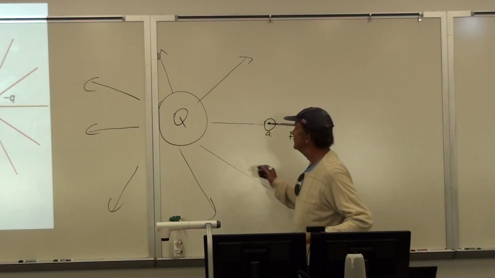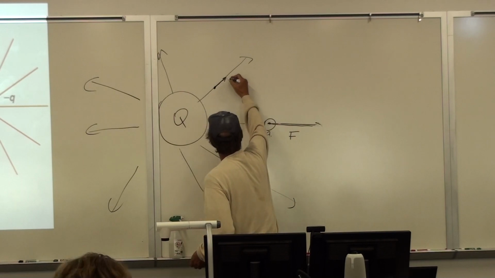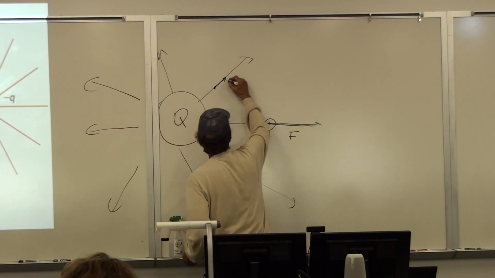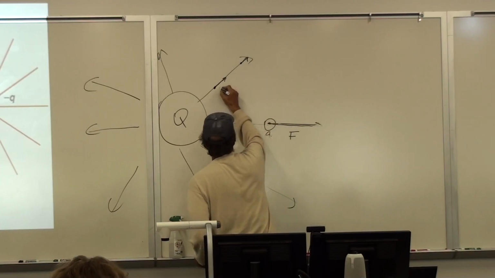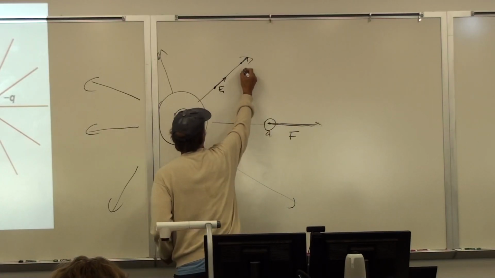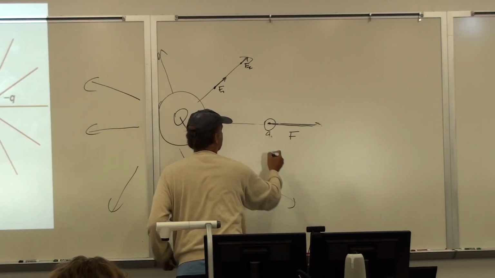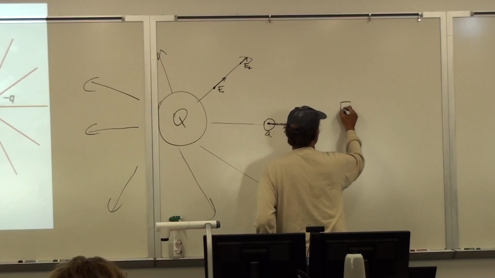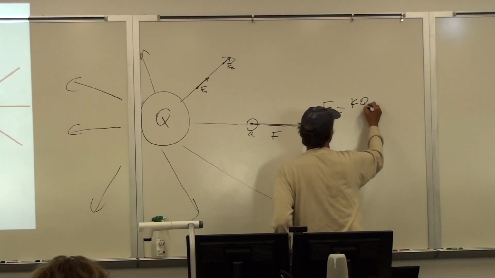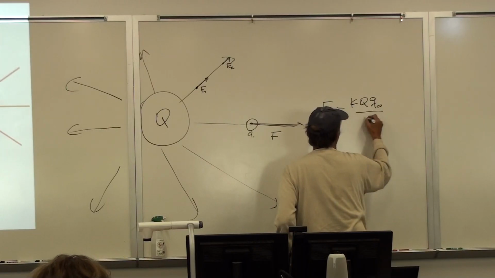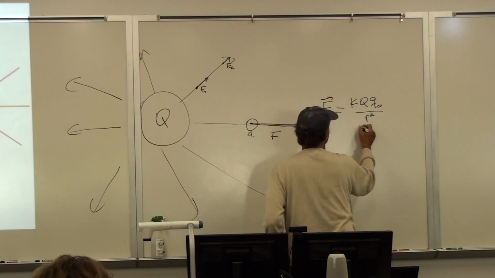All right, so this is our electric field pattern. At each point in the space, we have a different value for the electric field. And so here it would have this length, but out here it would be smaller. So this would be E1, this would be E2. So how can we figure those out? Well, we could say that E is equal to the force, k Q Q naught over r squared, divided by Q naught.